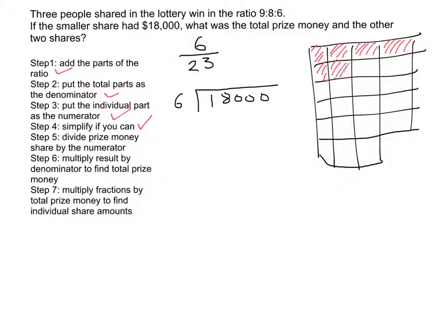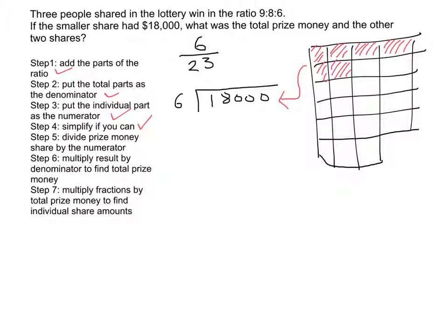5, 6. Okay, so if you look at this picture, to write this as a fraction, we have 6 over 23. Now, these 6 squares here are actually worth 18,000. Okay, so we want to find out what one of these squares is worth.